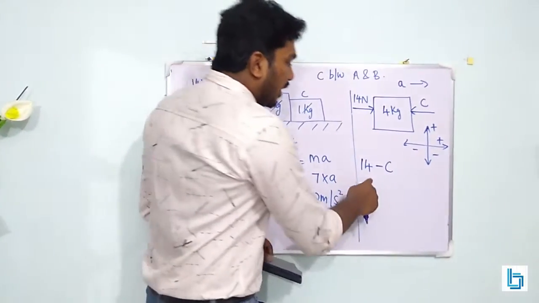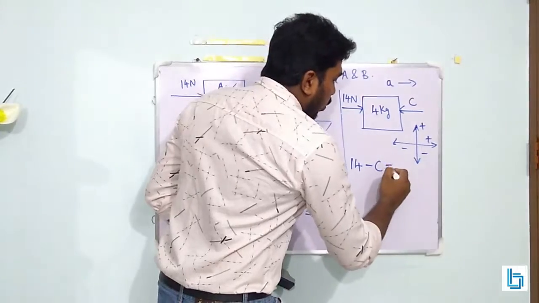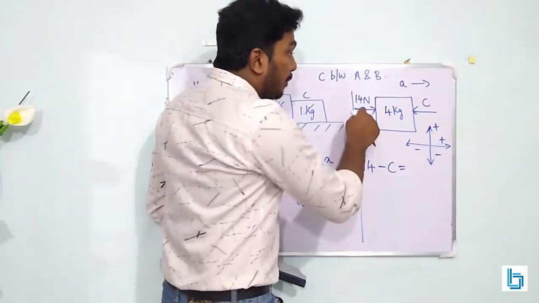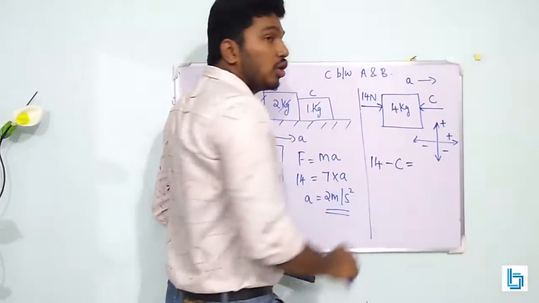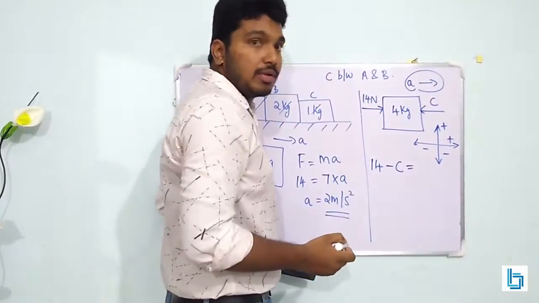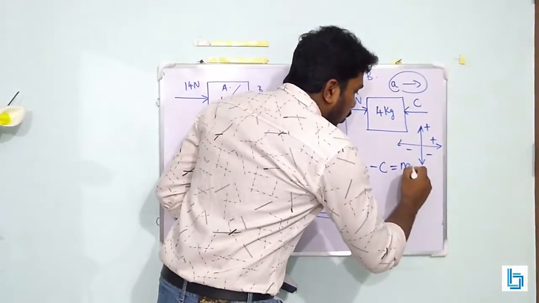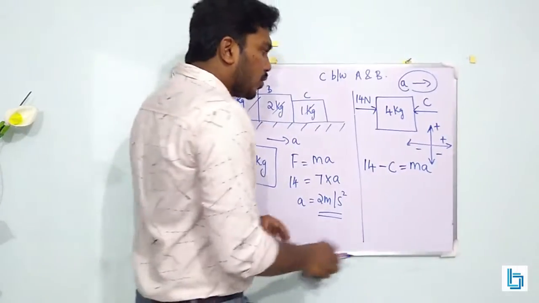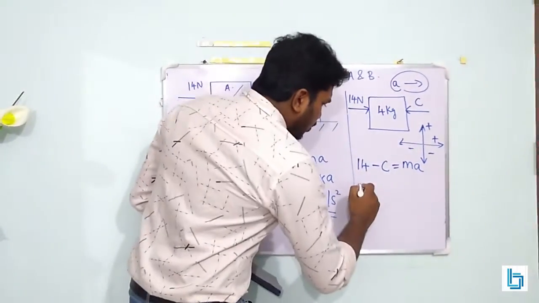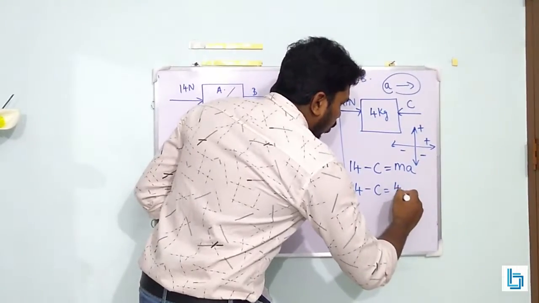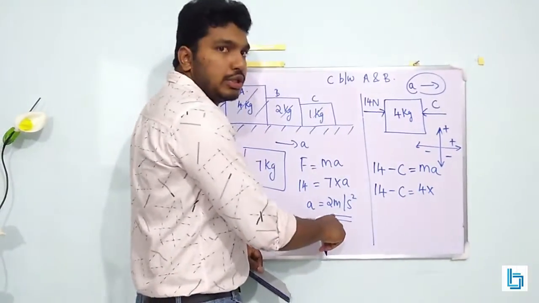So 14 minus C will be equal to, because of these forces acting on the body, there is a corresponding acceleration a, right? So this is equal to ma. What is m? You can substitute the value. 14 minus C is equal to 4 into, what was the acceleration? 2.